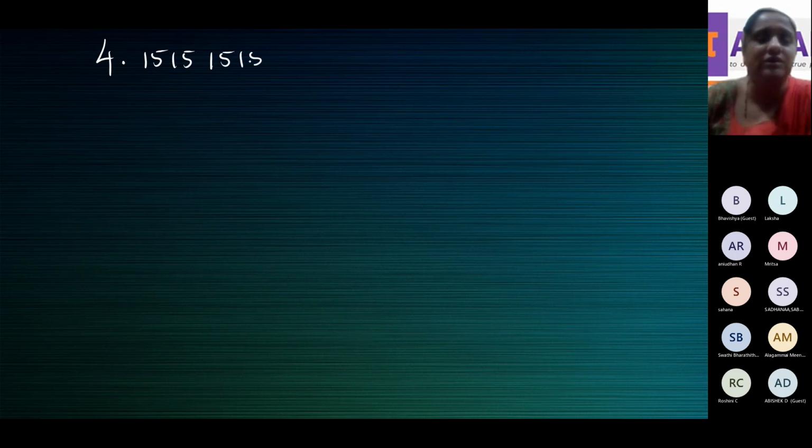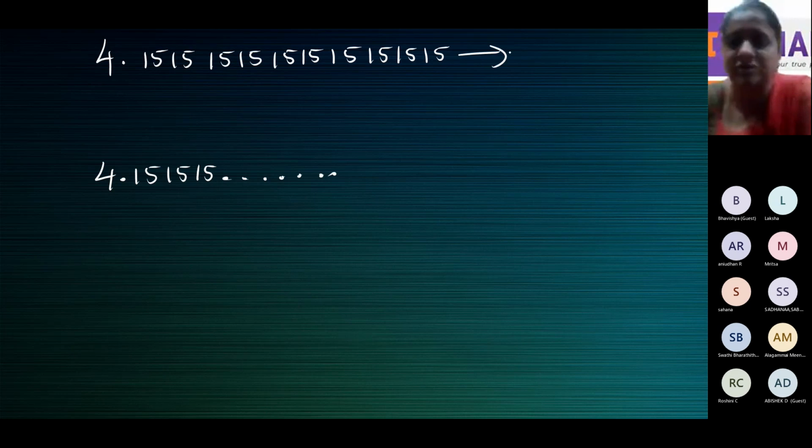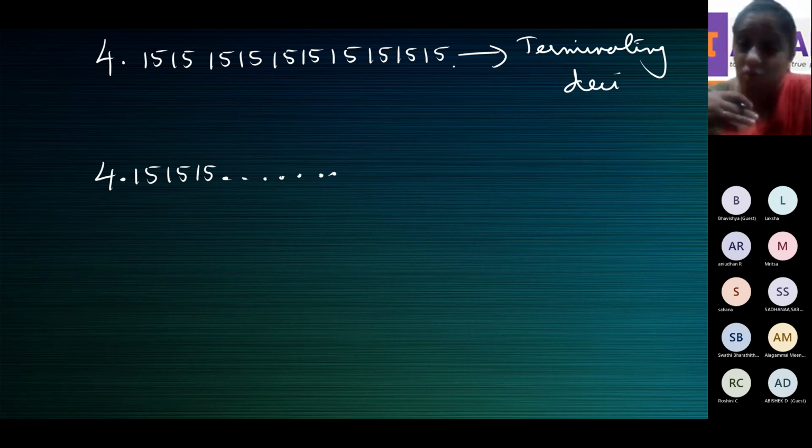4.151515. There's a difference between this and this. This one is a terminating decimal. Why? Because it ends here. 15 does not go on forever.